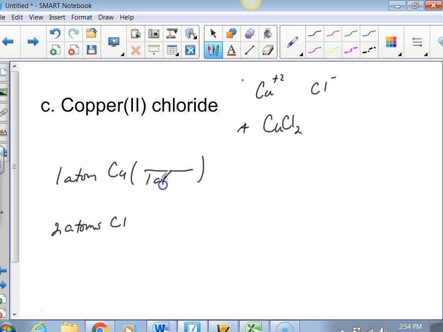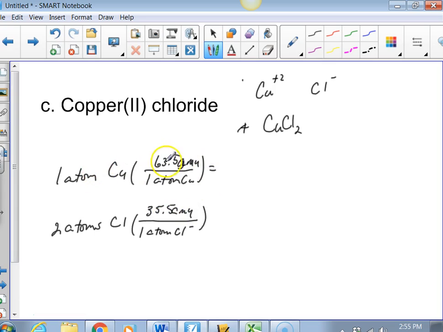Every 1 atom of copper is 63.5 AMU, and for every 1 chloride ion, we're at 35.5 AMUs.